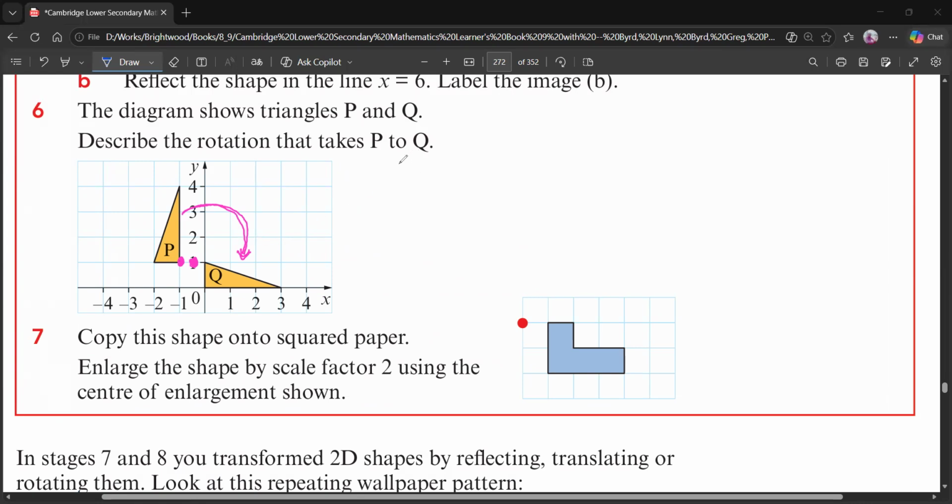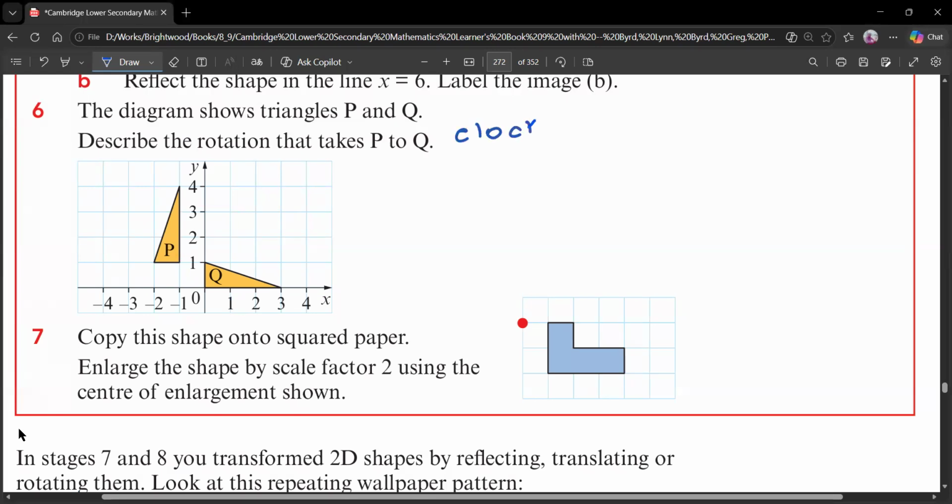Clockwise and 90 degrees. If you consider P to Q, describe the rotation. The diagram shows triangles P and Q. It should be clockwise, 90 degrees, no? Yes. It's a clockwise rotation. Clockwise means right side.